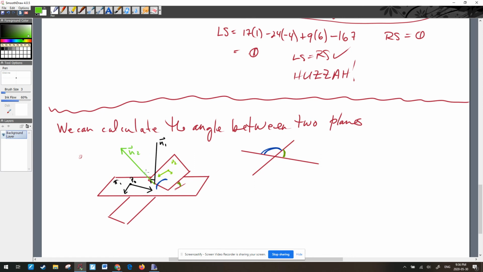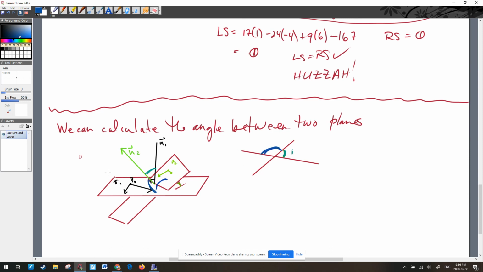Well, the angle between the normal vectors, this angle would match this angle. And then I can't really show it right now, but if this vector kept on going, that angle would match that angle.